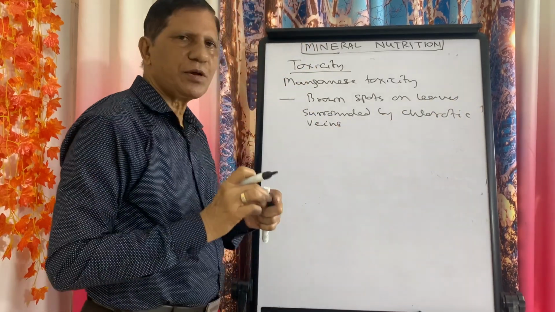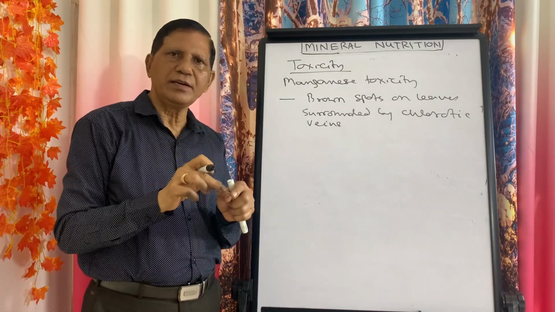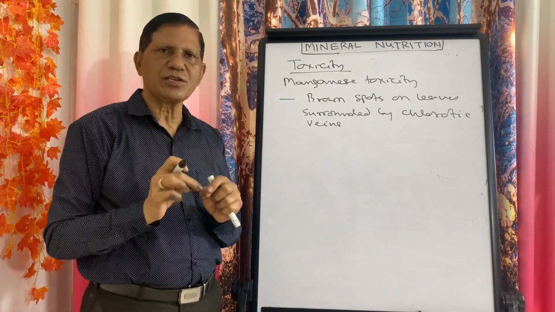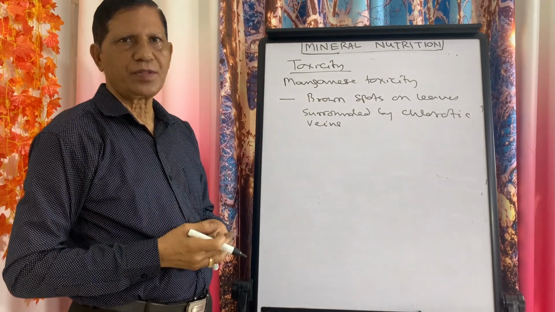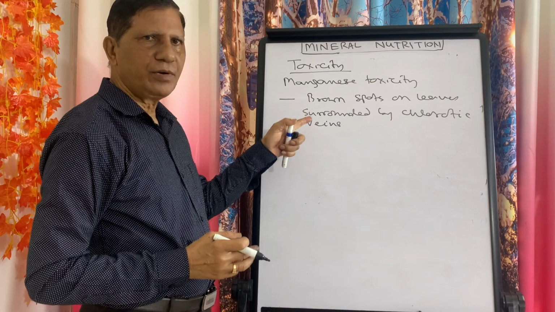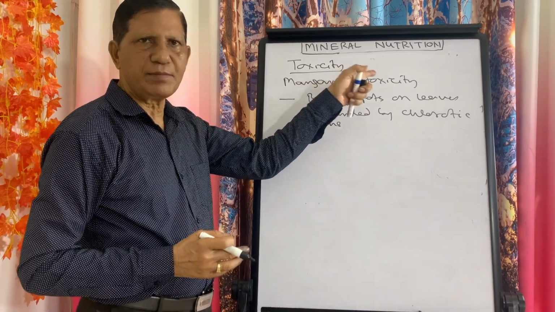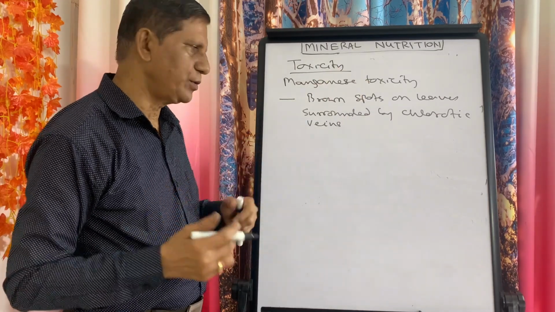That means on the leaves there will be some brown spots, and they are surrounded by chlorotic veins, meaning there is chlorosis. So this is the symptom when manganese is in excess, that means a toxicity symptom. But what happens, you see?